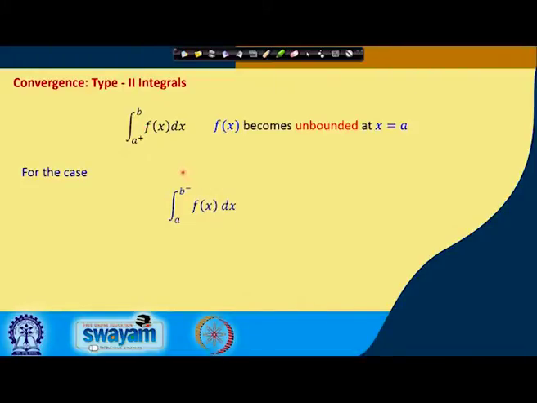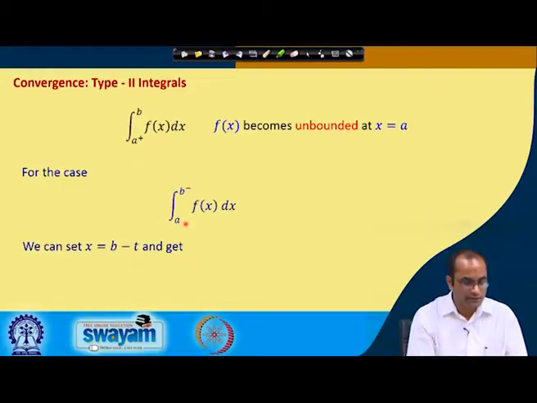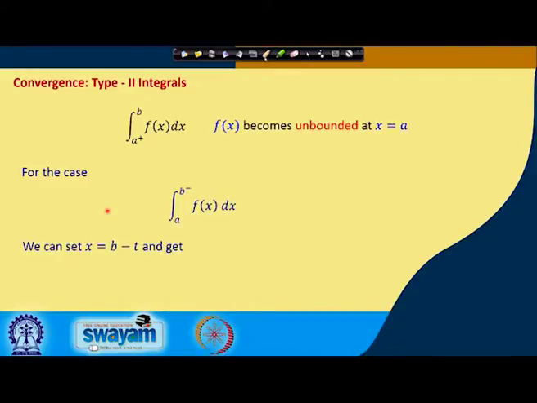For the case when we have this integral where f(x) becomes unbounded as x goes to b, we will deal with it similarly to the earlier integral, just by a substitution. If we substitute x equal to b minus t, this integral will become f(b minus t), and dx will be minus dt, with a minus sign.